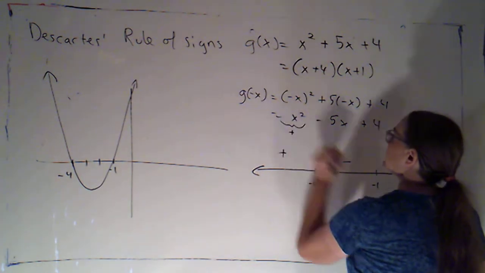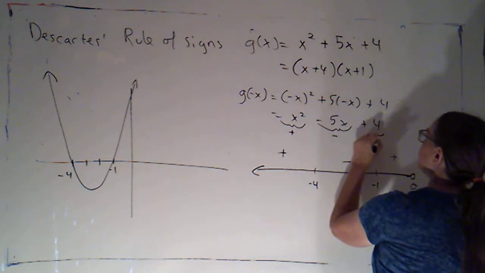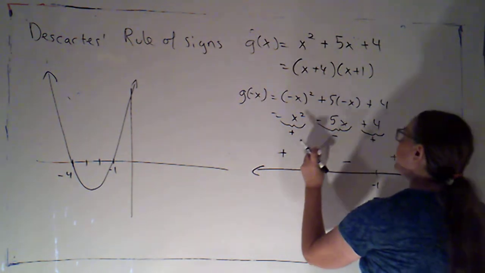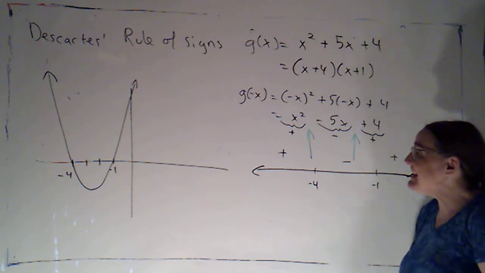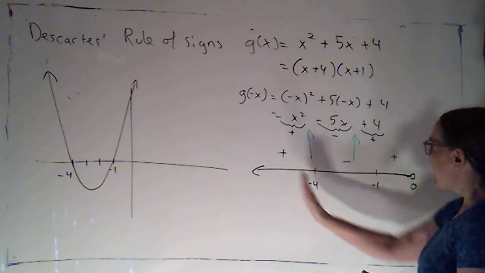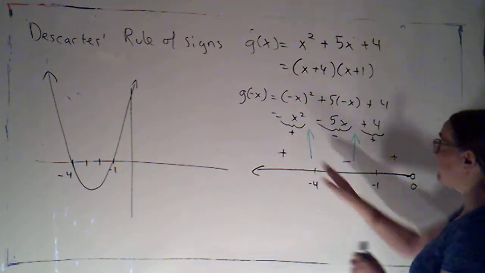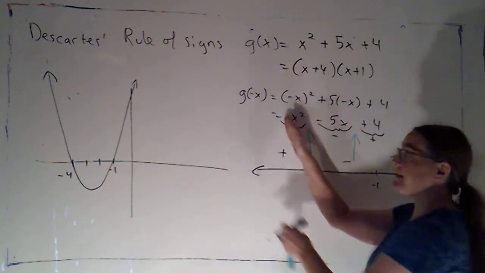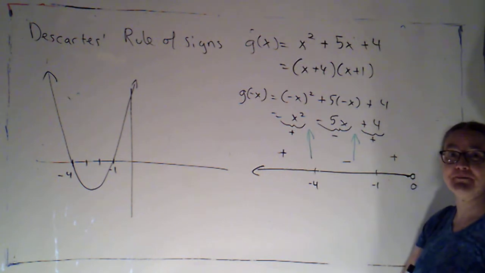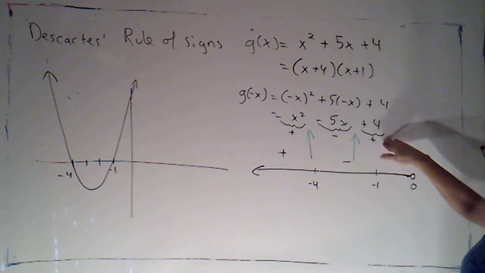And I can see this is positive, this is negative, this is positive. That's 2 sign changes right there. And again, each time we have a sign change, that's essentially saying there's a section of the number line where this could be dominant. And I know that's going to be out here. The lead term determines the end behavior. There's a section of the number line where this is dominant.